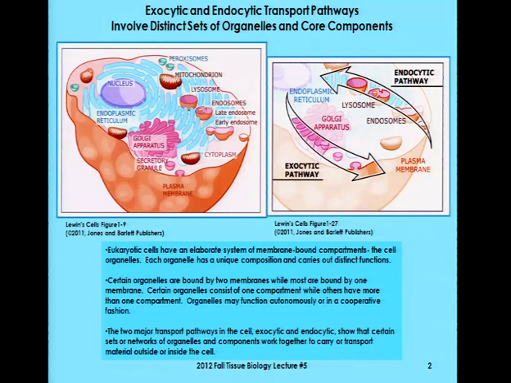Certain organelles consist of one compartment, whereas others, as we will see, have more than one compartment. Some organelles, such as peroxisomes and mitochondria, function autonomously, whereas others work in a cooperative fashion. Now, as we can see here, there are sets of organelles that cooperate together in the exocytic pathway and in the endocytic pathway.